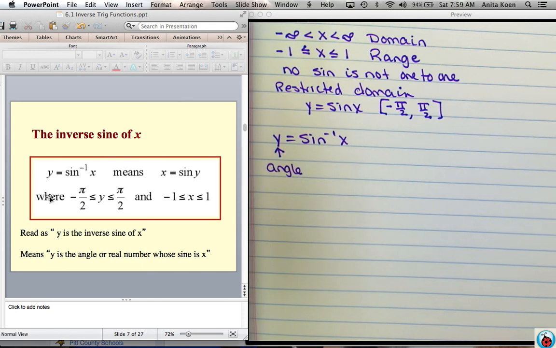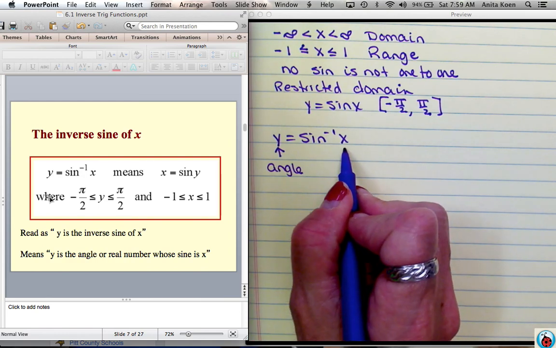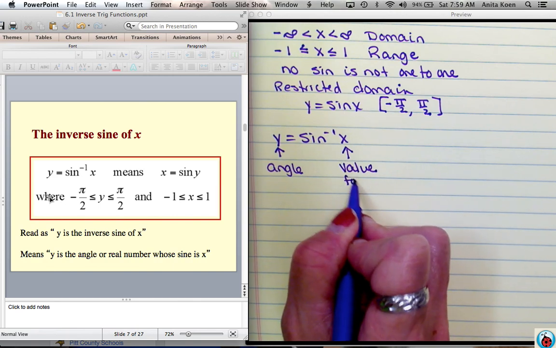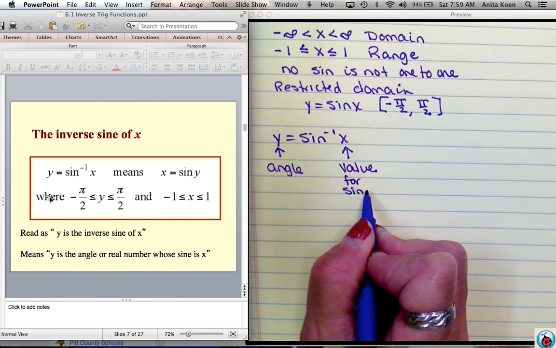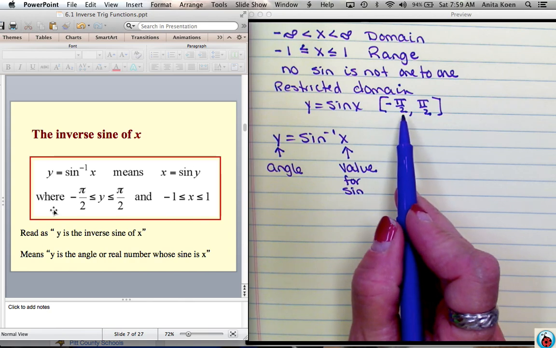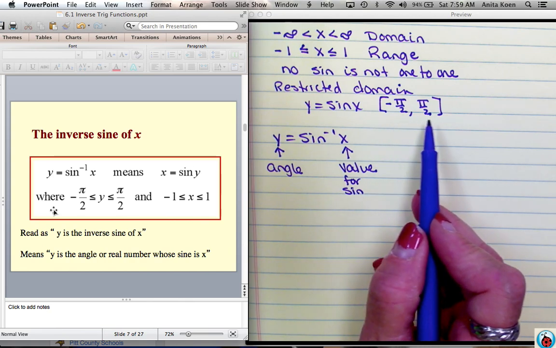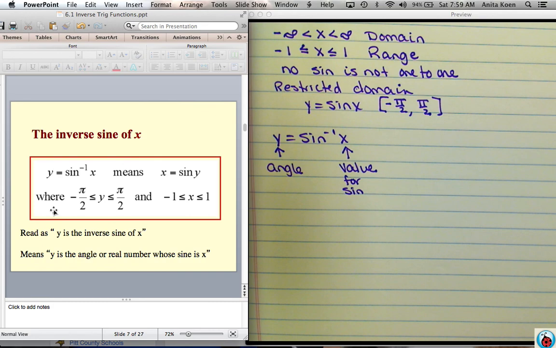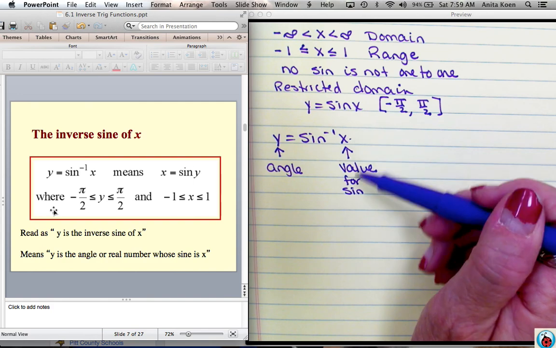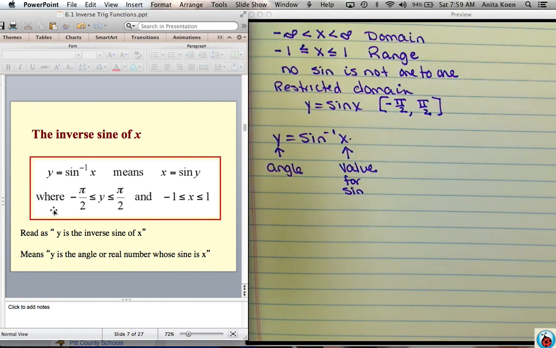We are looking for an angle when we are given a value for the sine of the angle. So we're given the value for the sine, and we are asked to find the angle. Now, we're going to do this for this restricted domain. So we're only looking between negative pi halves and pi halves. And our x, this value for sine, is always going to be between negative 1 and 1 inclusive.